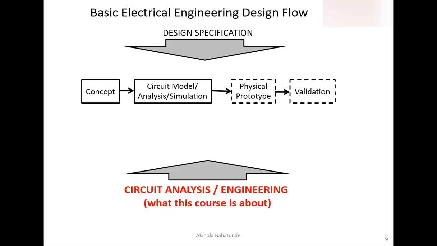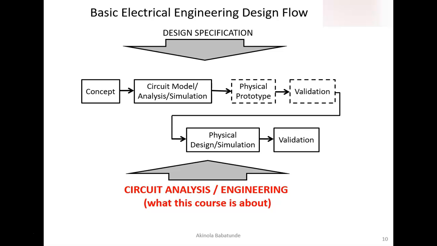And then when the simulation is concluded or you're done analyzing the circuit, you go ahead and produce a physical prototype. And after you have a physical prototype, you validate what you have done by testing it, by carrying out a couple of other processes. And then after the first validation is done, you go to physical design, the real design, and then you re-simulate.